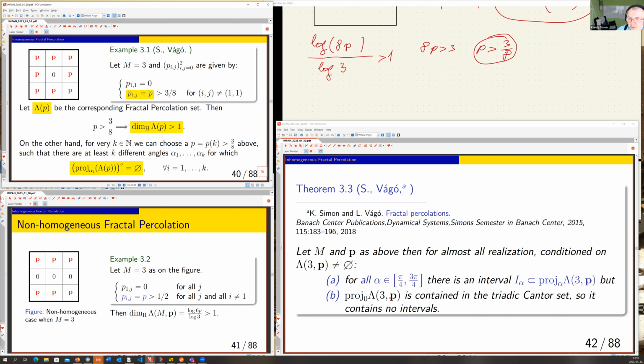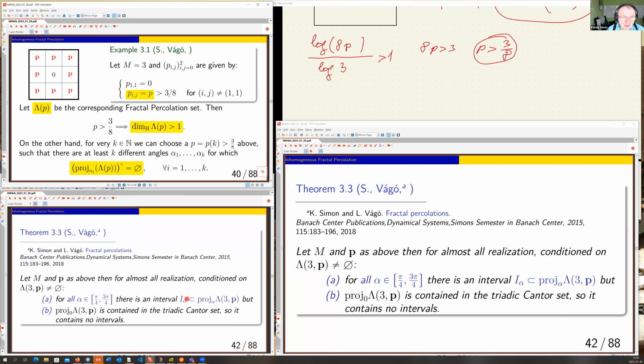So there is a range where for all elements simultaneously you have an interval, but there is a trivial exceptional angle. So that's also an example which shows that not exactly the same thing happens in the non-homogeneous situation.